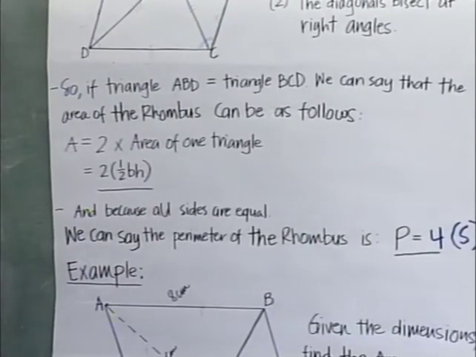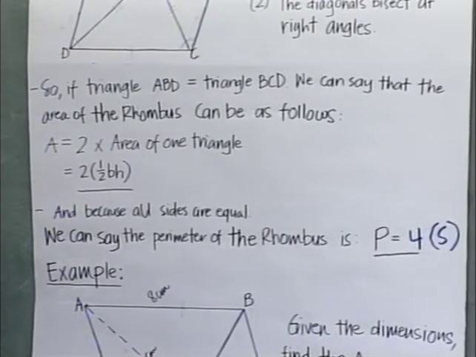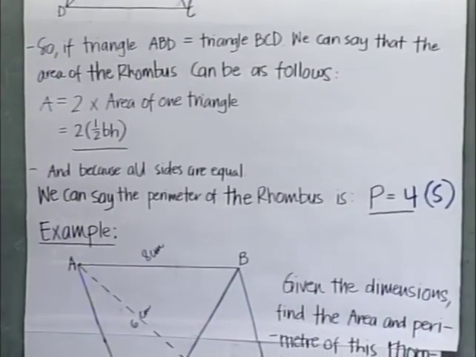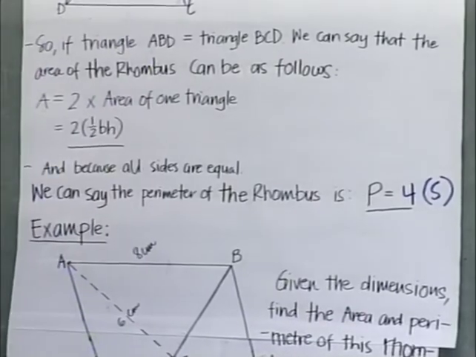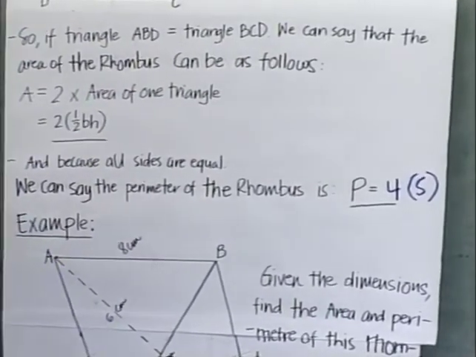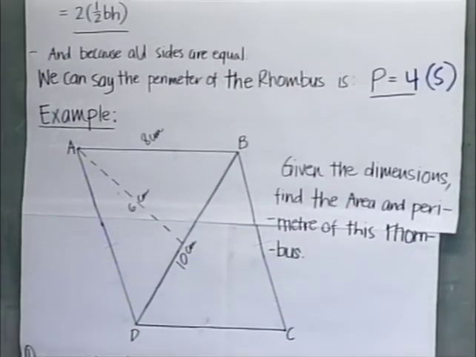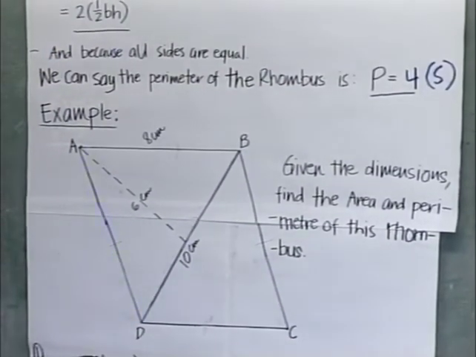And because all sides are equal, we can say the perimeter of the rhombus is 4 times S, which is similar to the square. Given the dimensions, find the area and perimeter of the rhombus. Area is equal to 2 times half base and height.